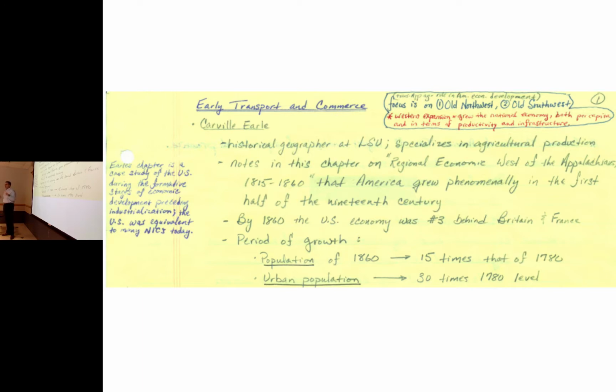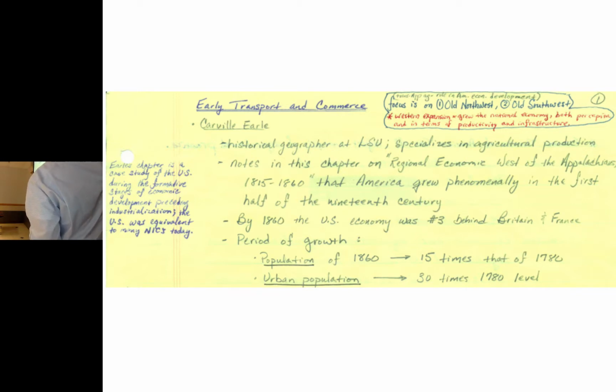Farming was very subsistence-oriented in 1815, and by 1860, it would become less and less subsistence-oriented, more commercial-oriented. So that's kind of what we're getting at. Sort of the commercialization of agriculture and the impacts of that commercialization on the region.